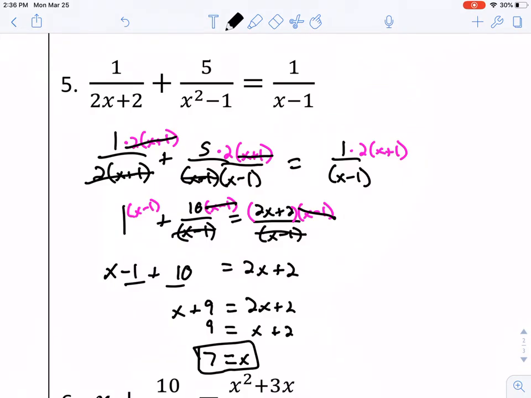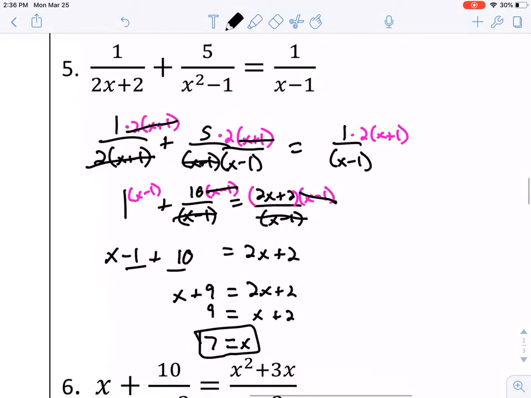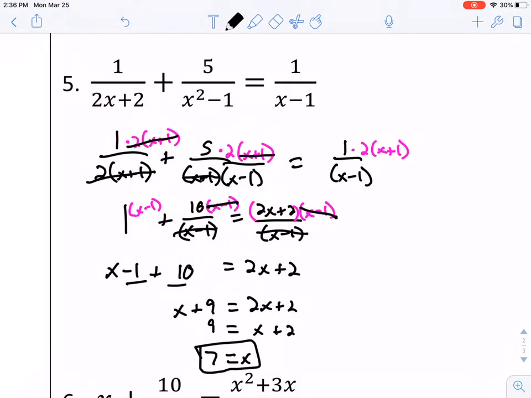It can just feel a little bit tedious at times. And of course, if you look at this, you have the x plus 1, x minus 1, so that means x couldn't be negative 1 or 1. That doesn't match up with 7, so 7 is an answer we can keep.